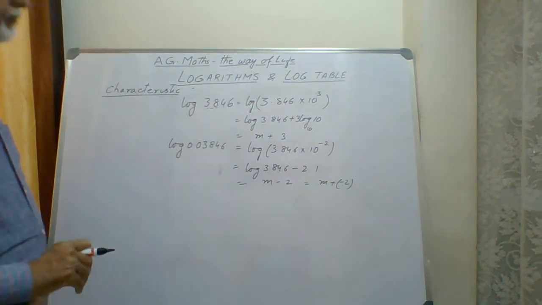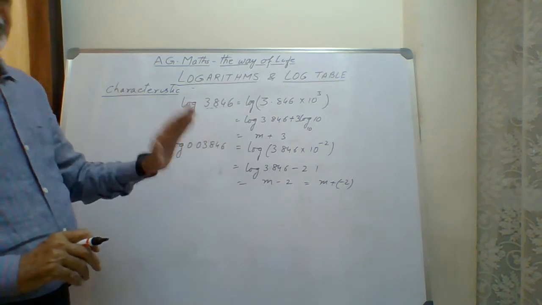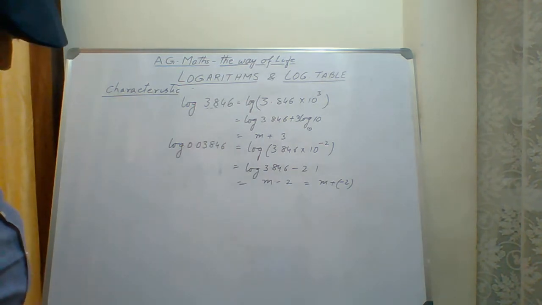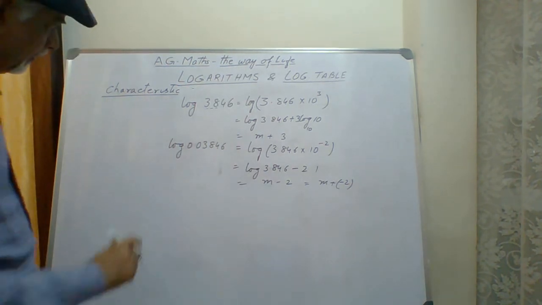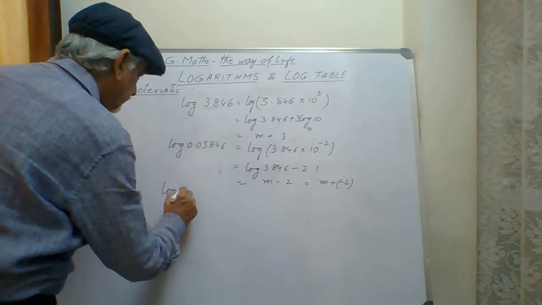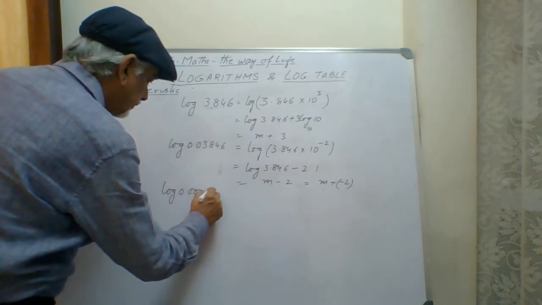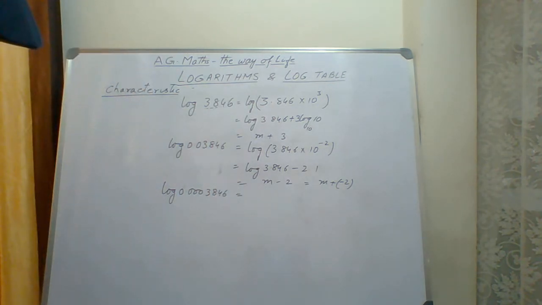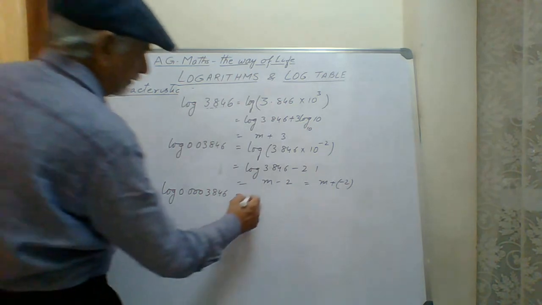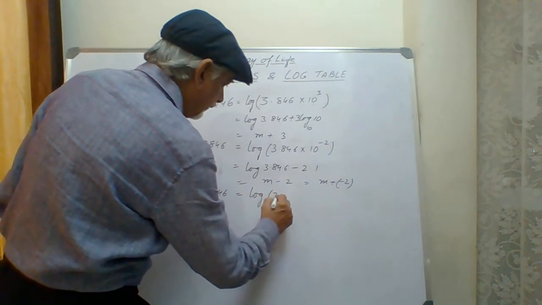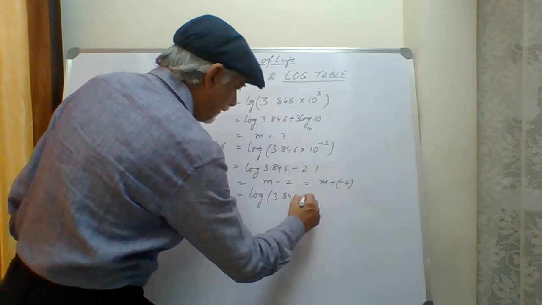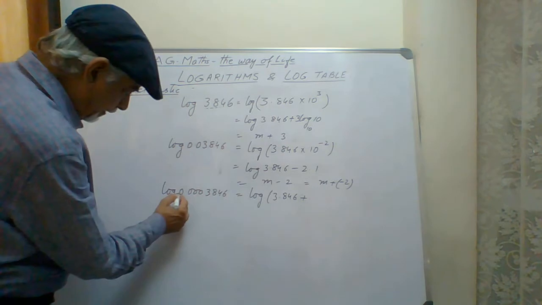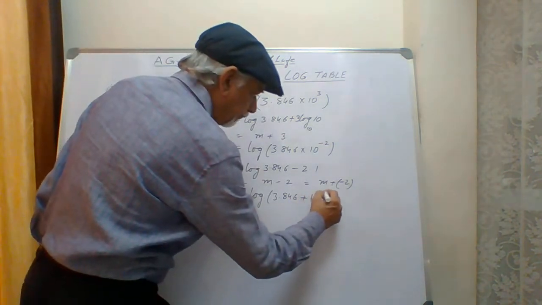This is m plus of minus 2. That is the meaning of characteristic, which will be in bar shape, and mantissa is always positive. Mantissa is always positive. Similarly, if I have to write log of 0.0003846, how will it be written? It will again be written in the shape of log of 3.846 plus 10 to the power minus 4.